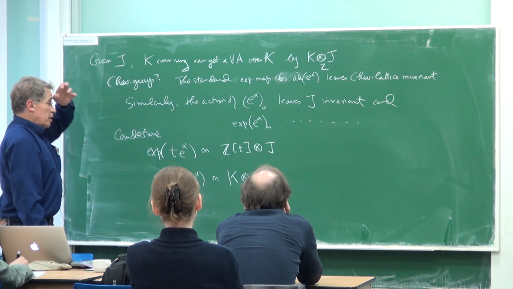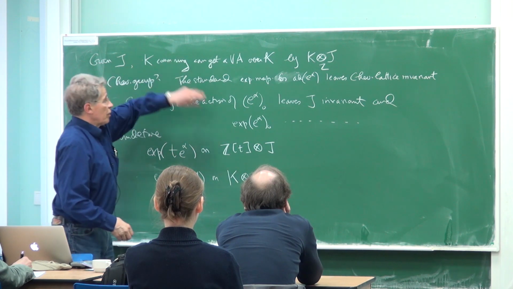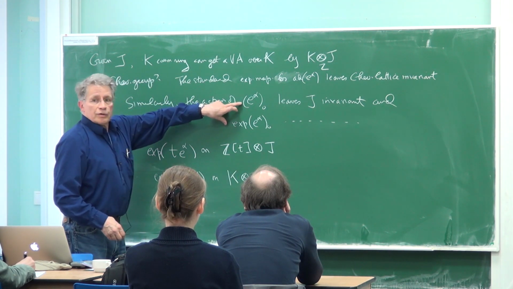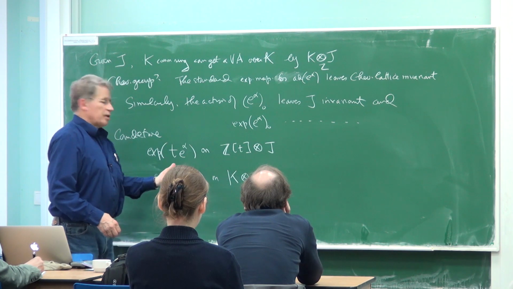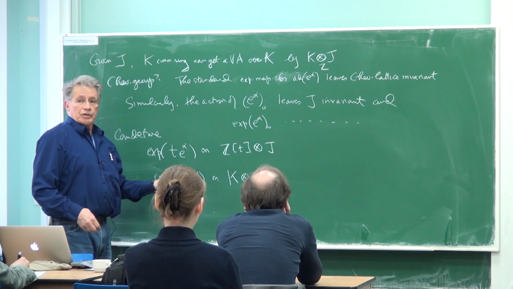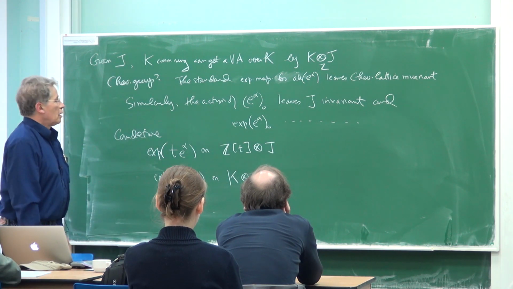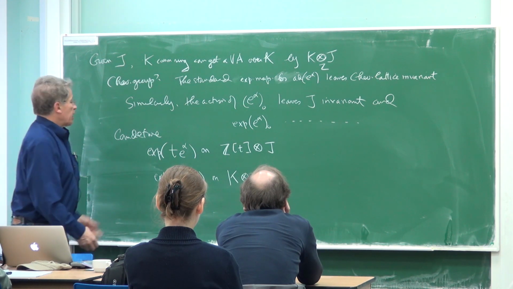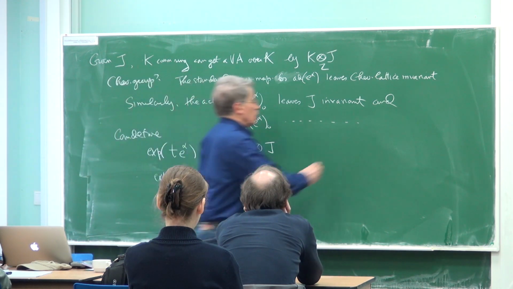What I'm trying to say, maybe not very well, is that the proof of Chevalley that works for the Lie algebras can be copied almost without any change. It's completely formal. So we get an action of the Chevalley group.